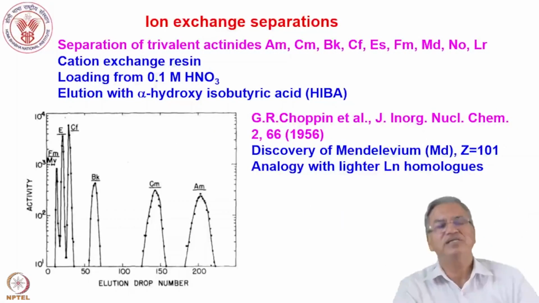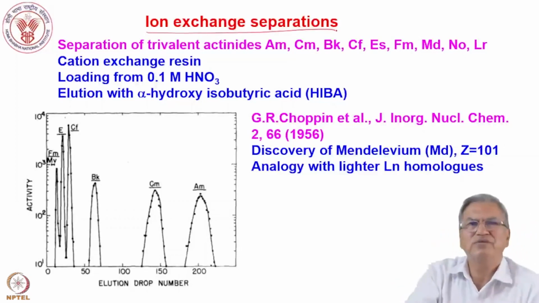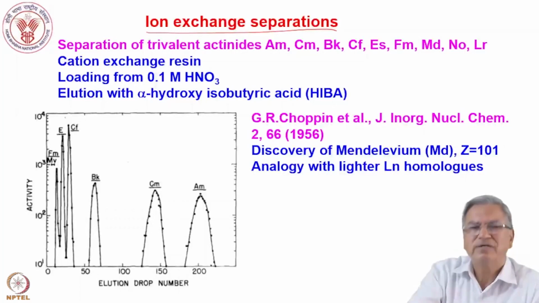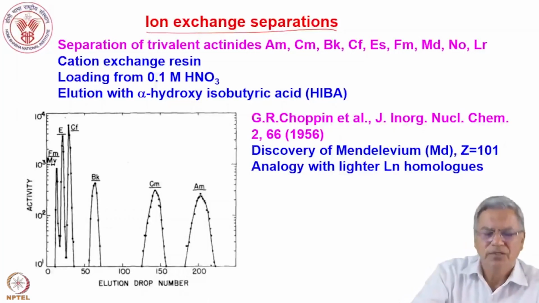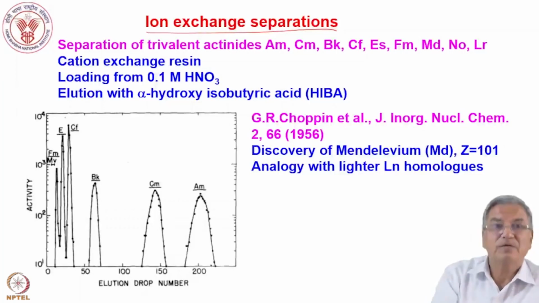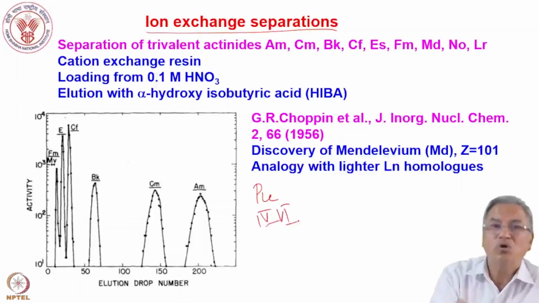Similarly, ion exchange separations use radiotracers very frequently. In fact, I can give you a very interesting example, the discovery of the trans-americium elements. The actinide elements up to plutonium can exist in +4, +6 and other states.